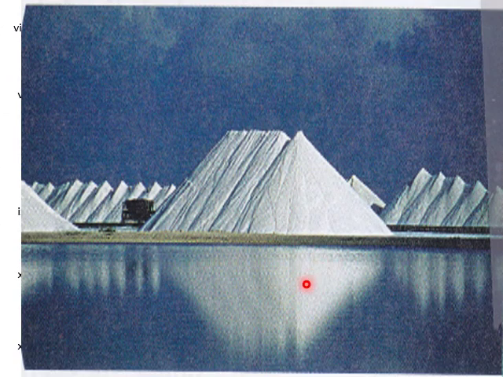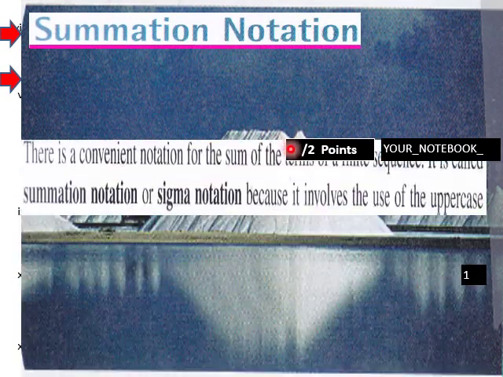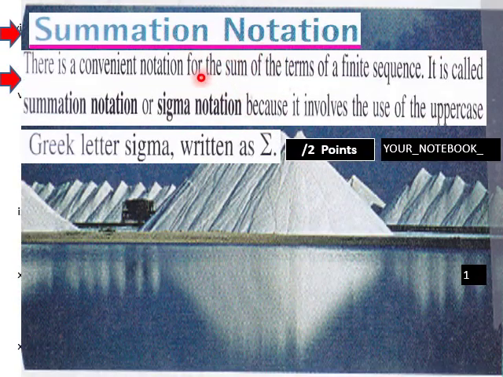In the lesson for today, we have a notebook slide here: summation notation. There is a convenient notation for the sum of the terms of a finite sequence. It is called summation notation or sigma notation because it involves the use of the uppercase Greek letter sigma.